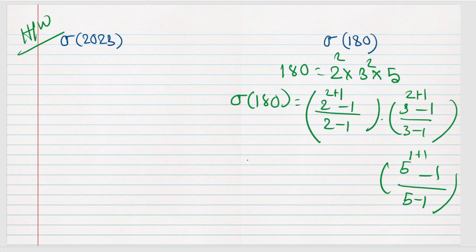If we solve it, we have 7 into 26 by 2 into 24 by 4, that is 7 into 13 into 6, and if we find the product, that is 546.